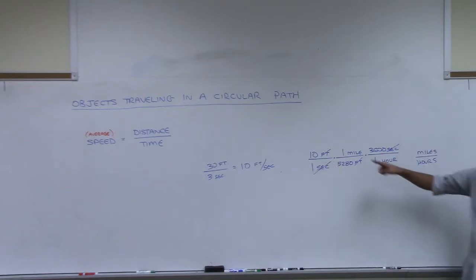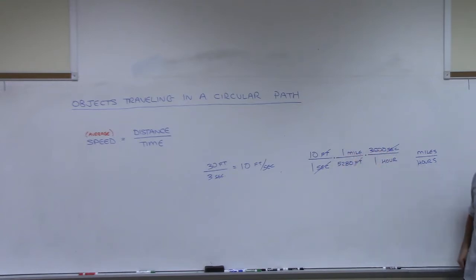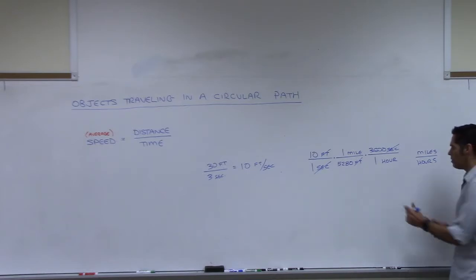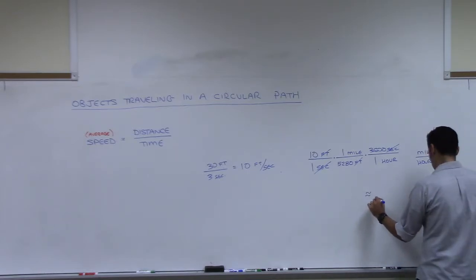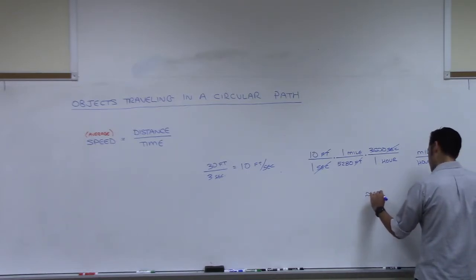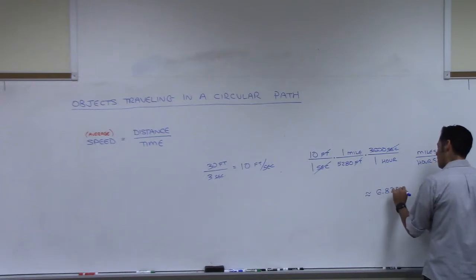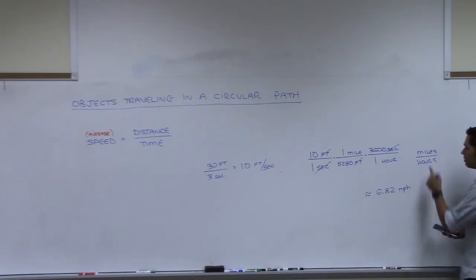So if you multiply 10 times 1 times 3,600, and then divide that by 5,280, you get about 6.82 mph. I'll write mph because that's the way we like to write that.